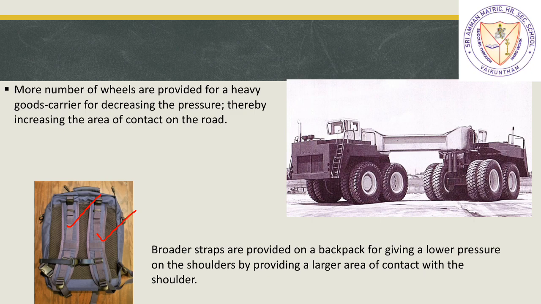In case, instead of those broad straps, if you have a rope or a thread kind of a thing, a narrow strap, what happens? You can see the reddish thing happening on your shoulders, right? A reddish thing coming on your shoulder, a blood clot kind of a thing will be seen. That means more pressure will be experienced by you, because the area of contact will be reduced, pressure will increase, so you will feel the pain.